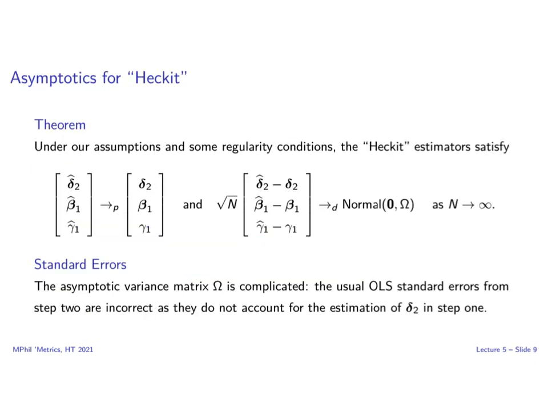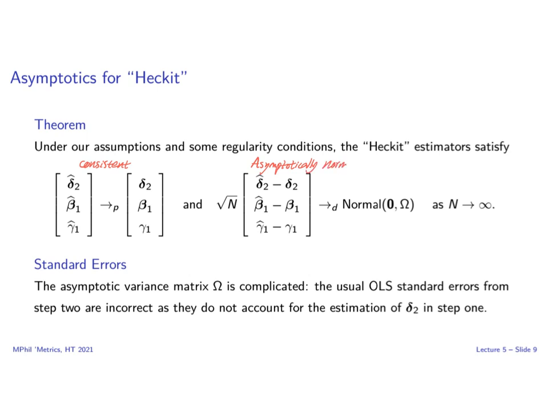While we won't go into the proof here, it turns out that under our assumptions and some additional regularity conditions, the Heckman estimators are consistent for the true population parameters that they estimate, and asymptotically normal as the sample size goes to infinity.